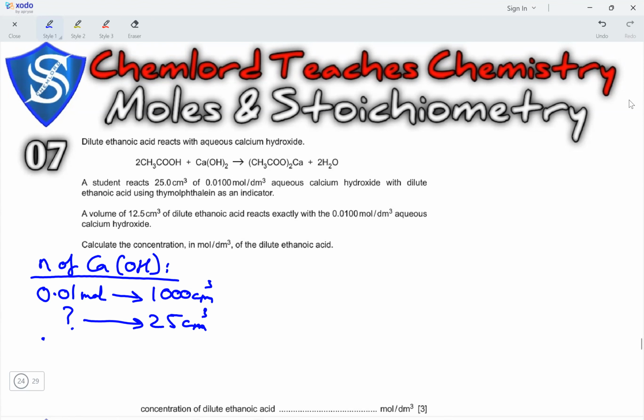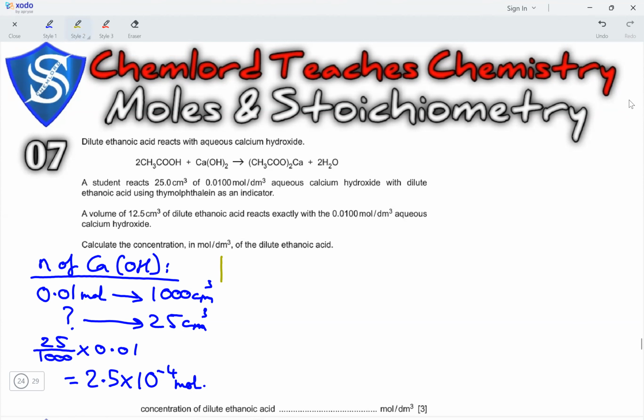The calculation would be 25 divided by 1000 multiplied by 0.01, which gives us the number of moles as 2.5 × 10⁻⁴. This way, we have calculated the number of moles of the substance whose volume and concentration were both given.